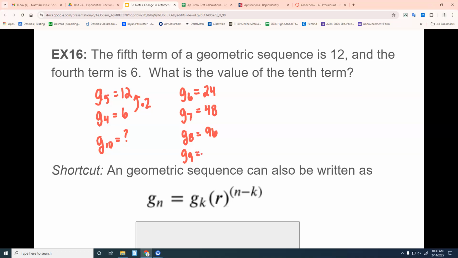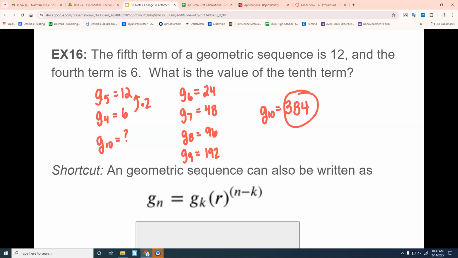G9 would have to be, what do you get on that one? 192, and then that makes G10, twice that, which is 384. All right, definitely works to do that. The only problem is sometimes they might ask us a number that's a lot larger than that, where it would take a really long time.